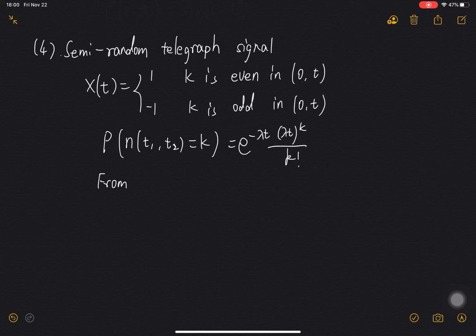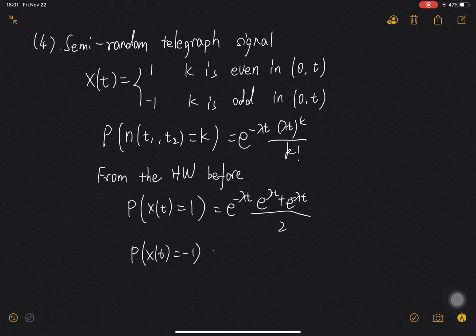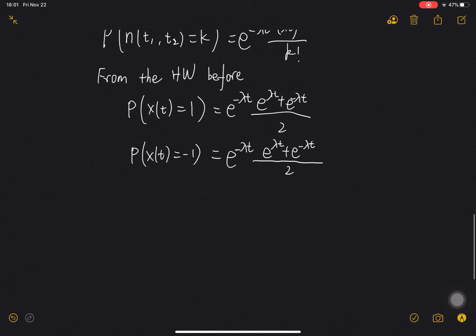It's just two parts of a Poisson process. From the homework before, that's it.